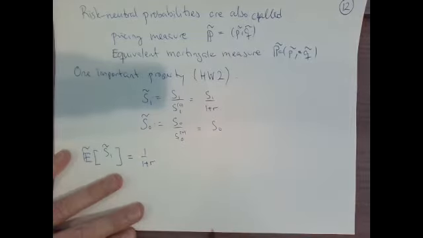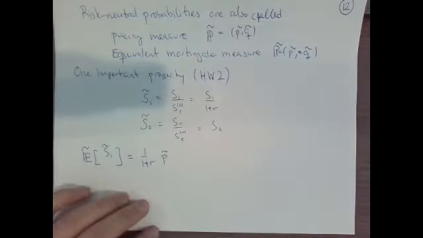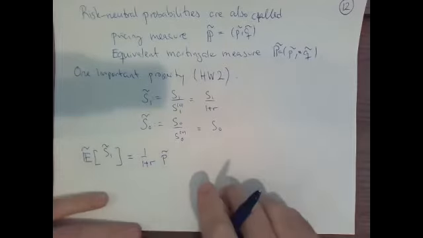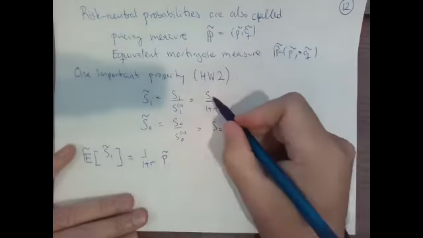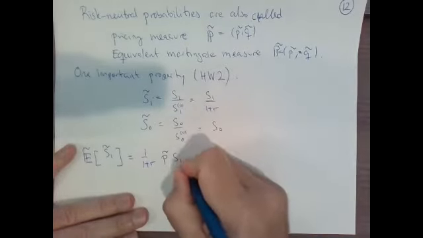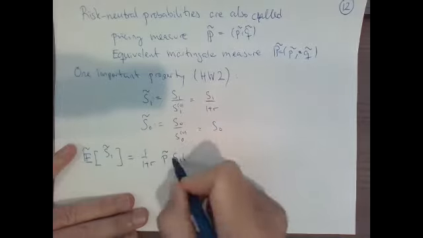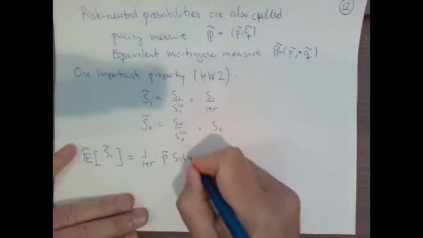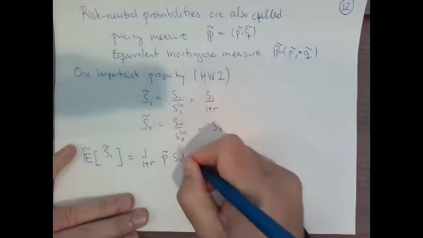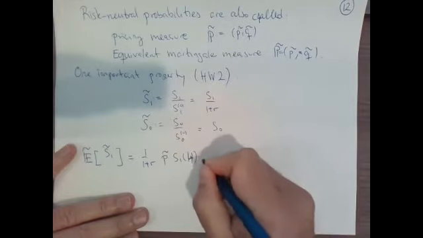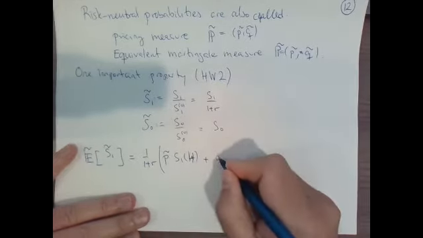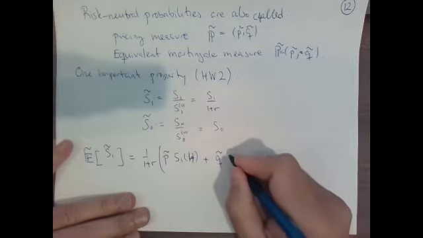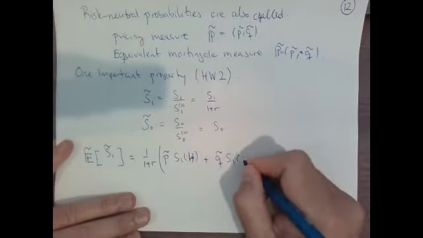Then I have P tilde times S1 of heads, where heads is the same as going up, plus Q tilde, the probability of tails, times S1 of tails.